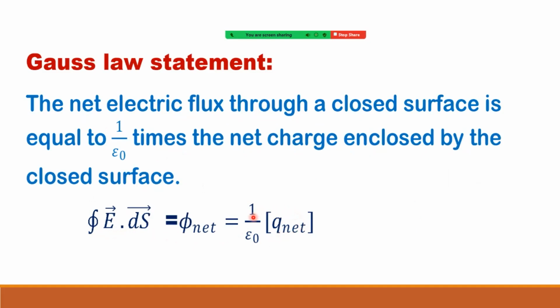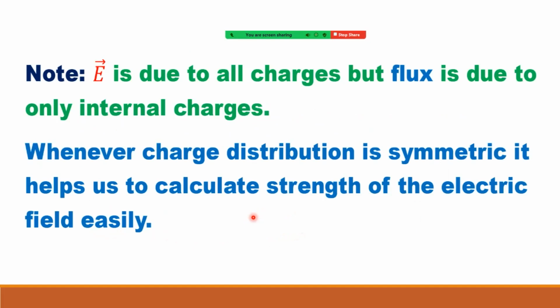That is the statement. And an important point here is that E bar is due to all charges, but flux is due to only internal charges. Whenever the charge distribution is symmetric, it helps us to calculate the strength of the electric field easily.